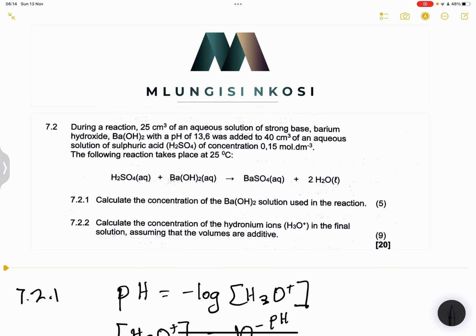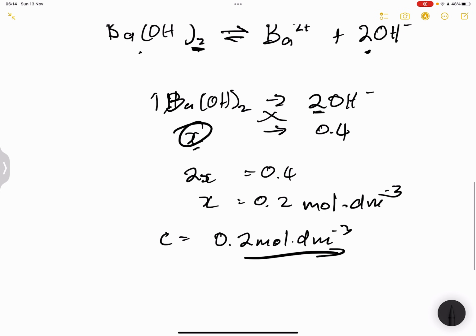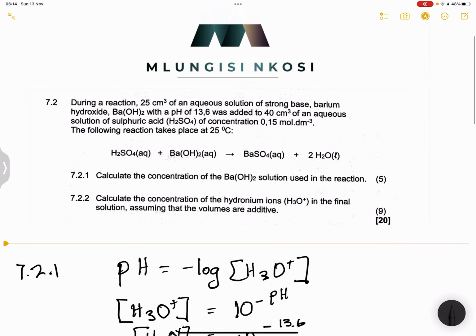All right, so I'm continuing from the previous question that I had done with you. You remember we had found the concentration of the barium hydroxide to be 0.2. Now, the next question asks us to calculate the concentration of hydronium ions in the final solution.